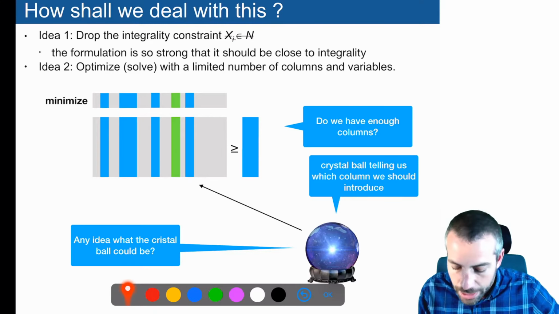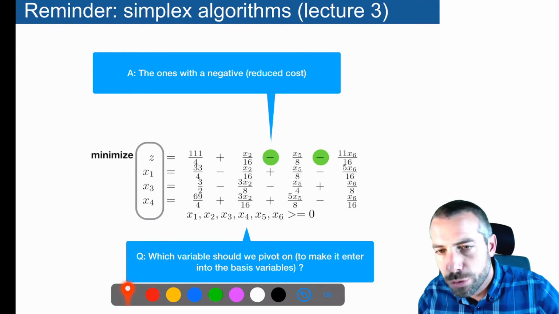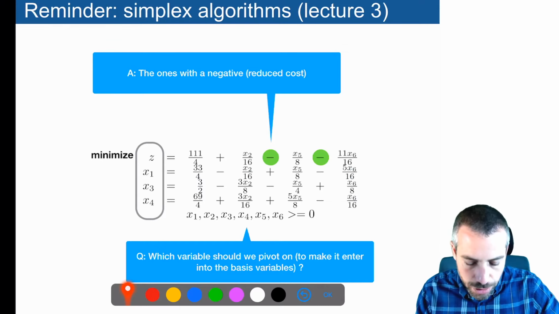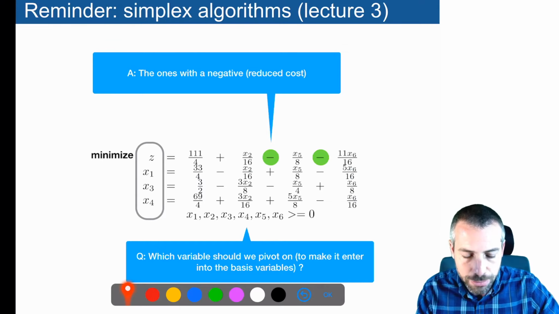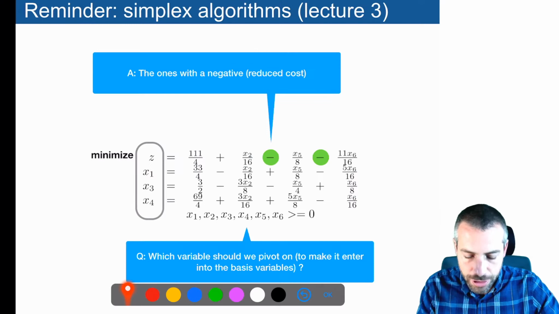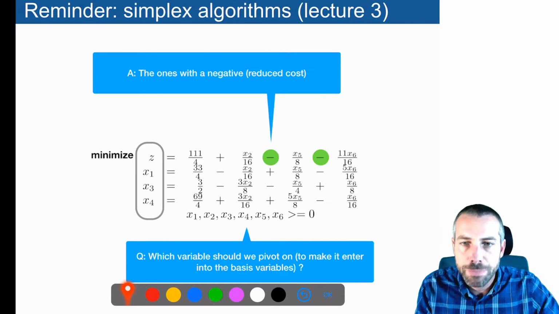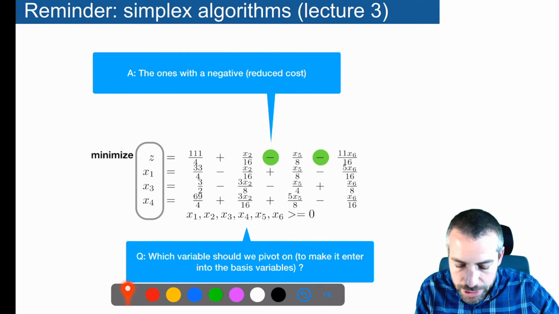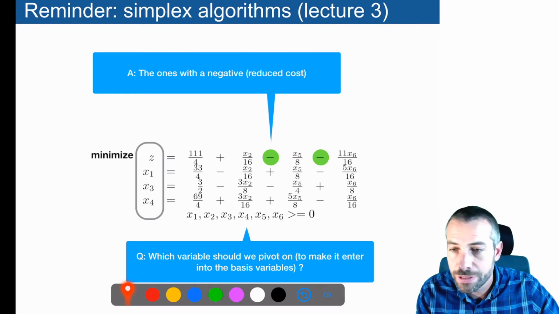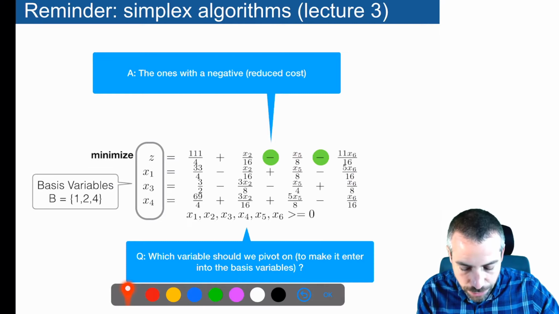So the big question is which one we should introduce, and the answer will come from the simplex algorithm, okay? If you remember the simplex algorithm and the pivoting operation, we were considering introducing a variable which was initially not in the basic feasible solution. It was not a basic variable. For instance, x5 here was not a basic variable.